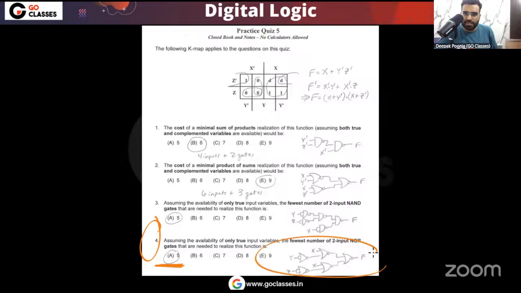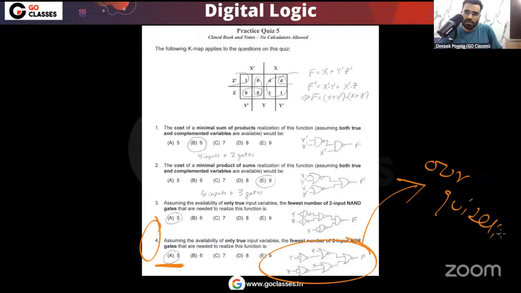Remember this circuit that Purdue University has created. Some Purdue University professor or TA has created this circuit. This is according to our guidelines. This is our guidelines circuit. It means the question maker from Purdue University also missed it.